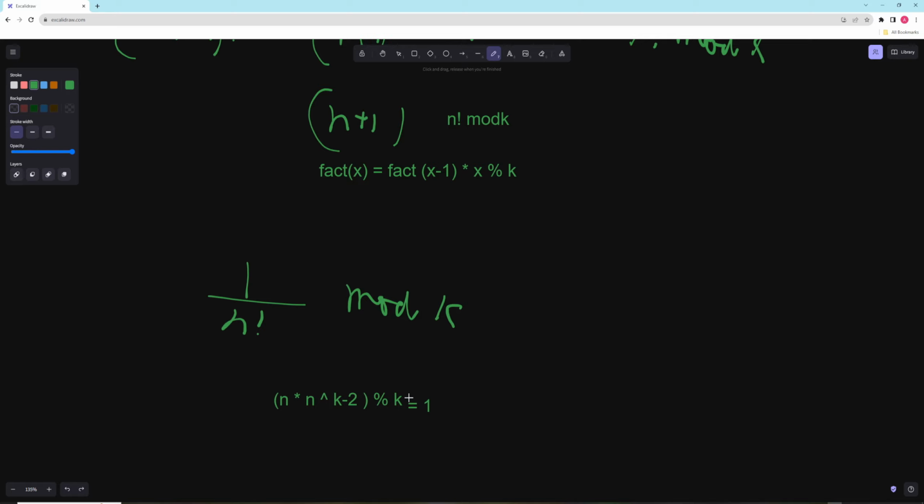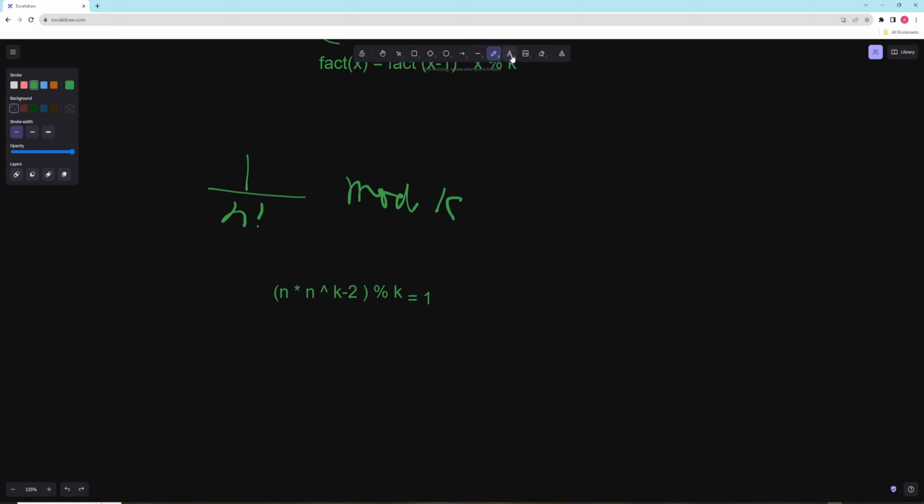And because, like I said, with the multiplication property, you can put in this mod k anywhere you want and still multiply it out. So this is the exact same as n mod k times n to the k minus 2 mod k. So this is going to be 1.